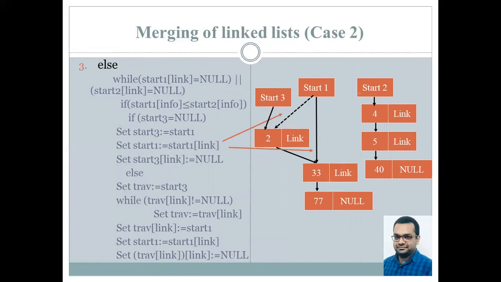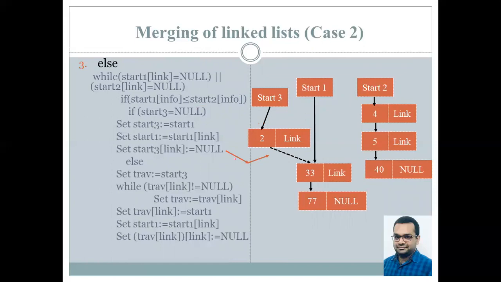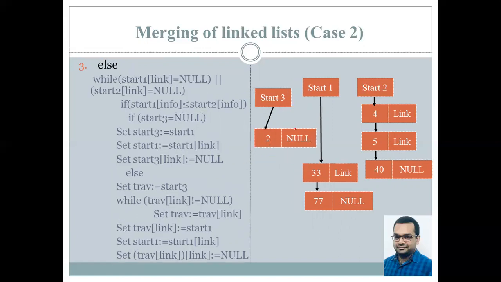So now you can see this link now ceases to exist and new link is formed over here. Now setting the start 3's link to null, you can see now this link or pointer will cease to exist. And now you can see this node gets the address as null over here.